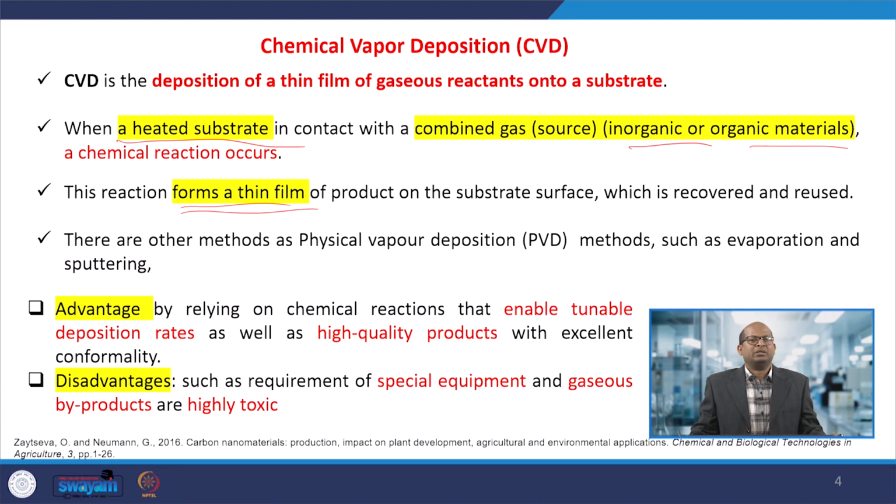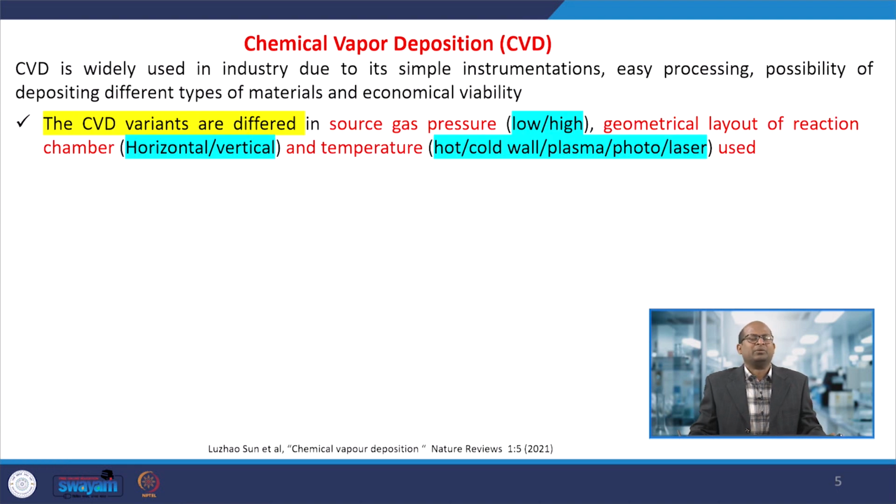These are the disadvantages of this particular process. Otherwise, the process is very good for preparing thin films. The CVD process is widely used in industry due to its simple instrumentation, easy processing, and the possibility of depositing different types of materials, and it is economically viable. Therefore, industrially it is widely used.